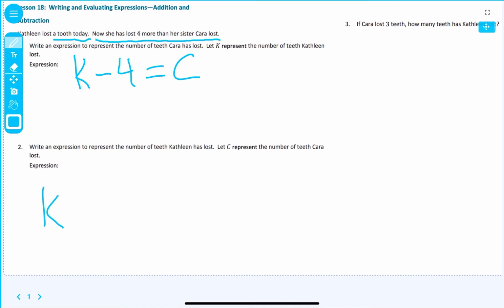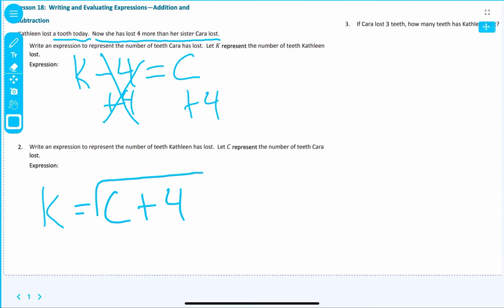But if you add 4, and if you do it to one side, you got to do the same thing to the other side. So we're going to add 4 to the other side. This cancels and leaves us with K equals C plus 4. Our expression is C plus 4. Okay? Do we see that? If you do it to one side, you have to do it to the other.